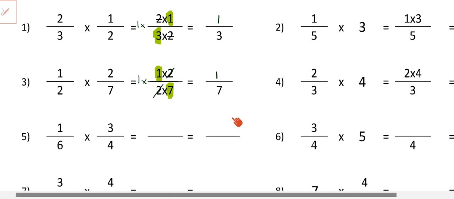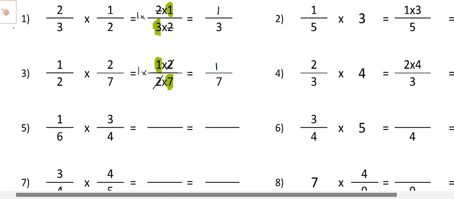Okay, I'm going to do one more with you. So I'm going to write it as 1 times 3, 6 times 4. Now this time, we don't have the same number top and bottom, but which numbers have the common factor? 3 and 6. So if I divide that by 3, I'm left with a 1, and down here I'm left with a 2.